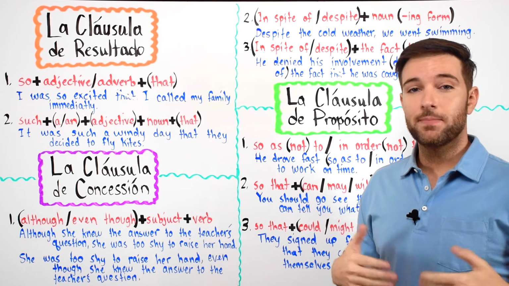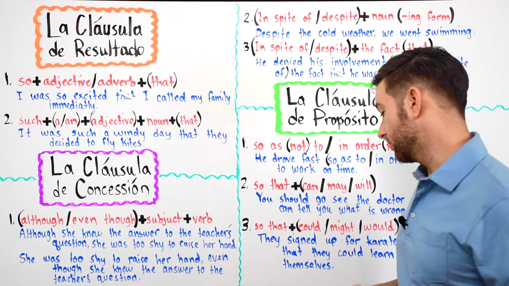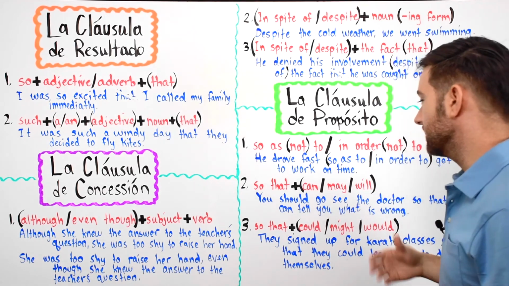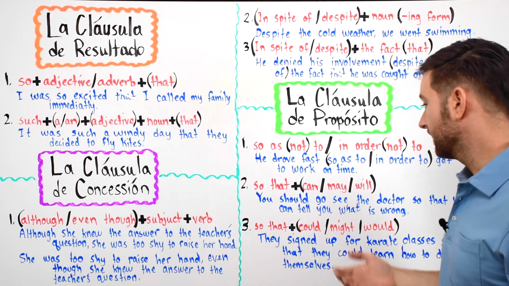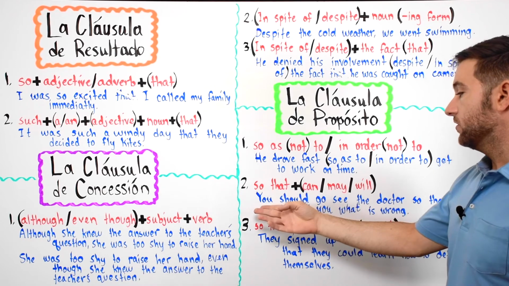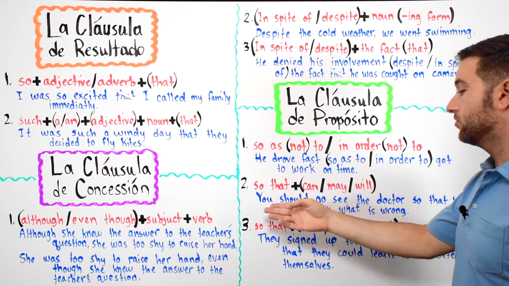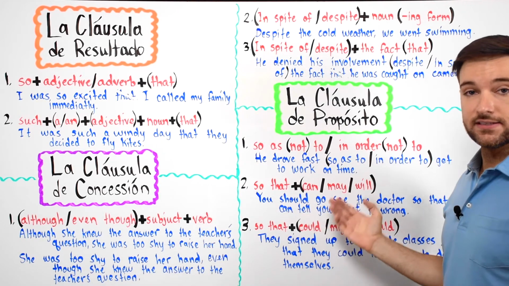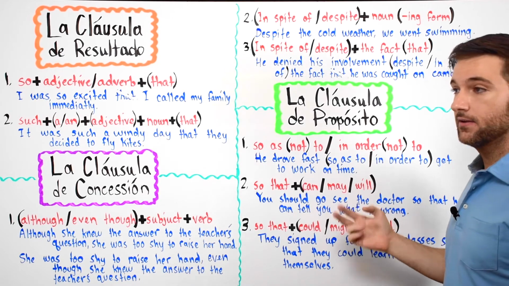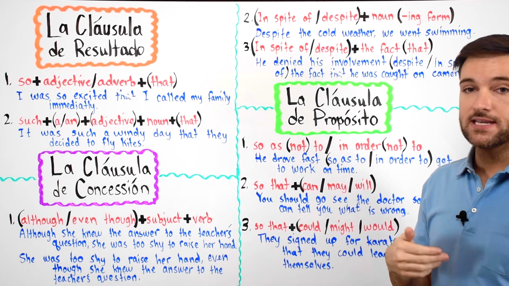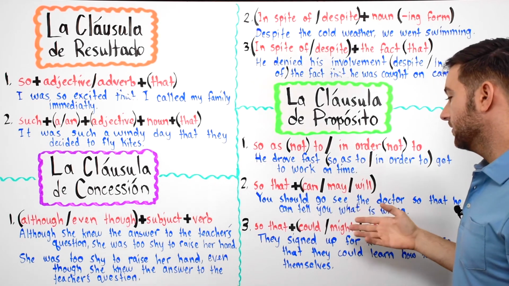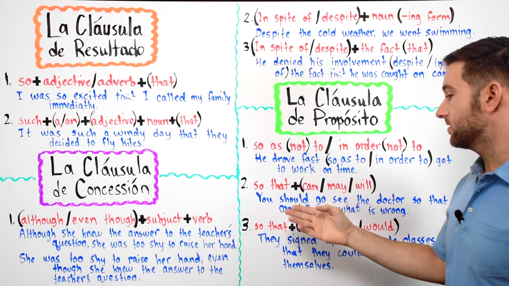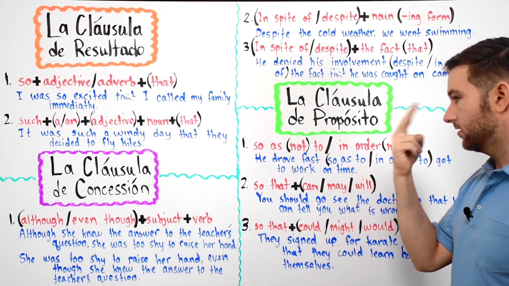Usamos esta forma para hablar sobre algo en el futuro, okay? We use this to talk about something that's going to happen in the future, okay? So, deberías, right? You should go. Deberías ir. You should go, okay? And then to see, how do you say see? Ver, okay? Deberías ir a ver al doctor, okay, to the doctor, or we don't say to the doctor in English, we just say you should go see the doctor.